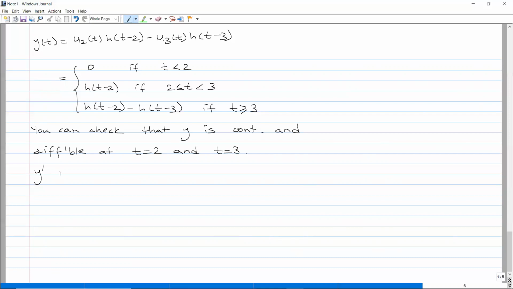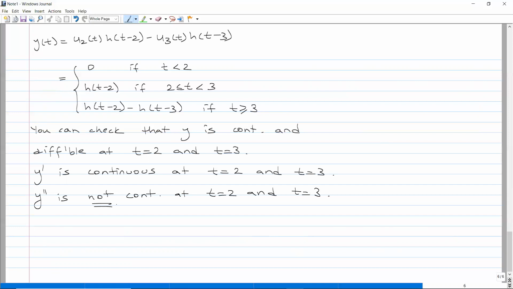Y prime is continuous at t equals 2 and t equals 3. But y double prime is not continuous at t equals 2 and t equals 3.